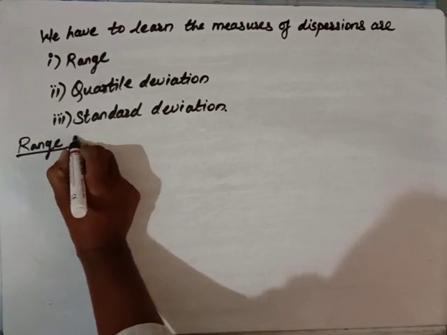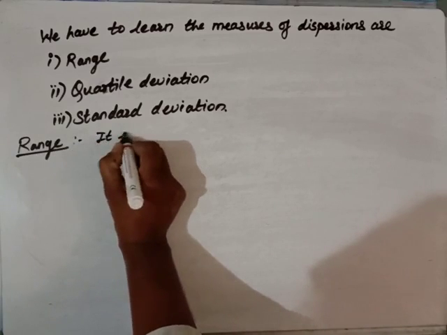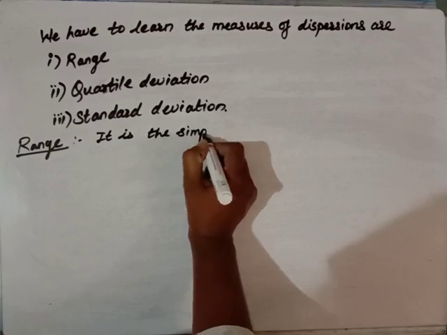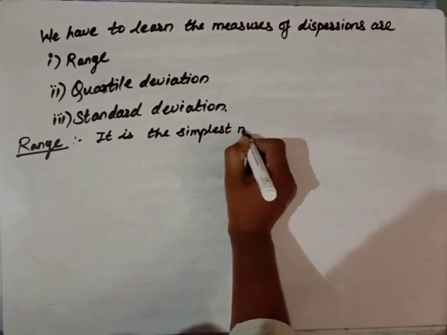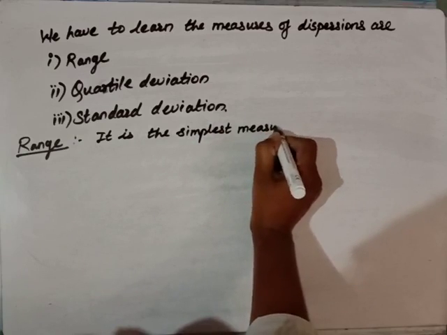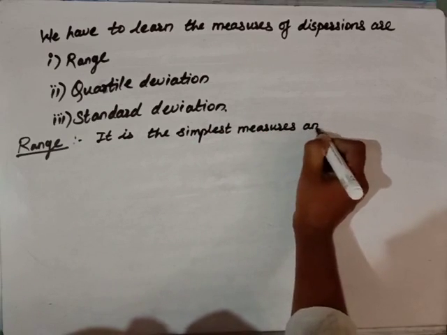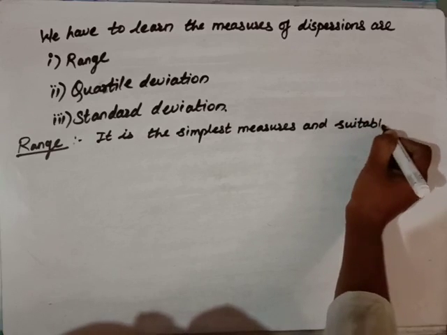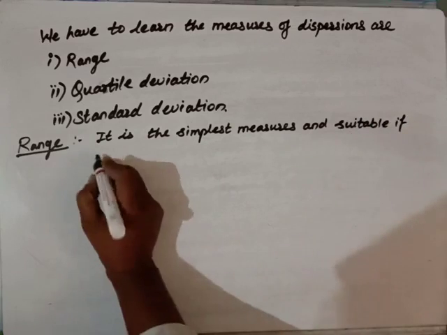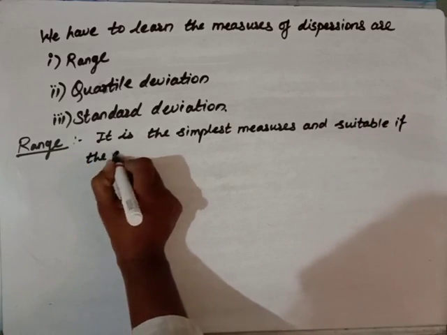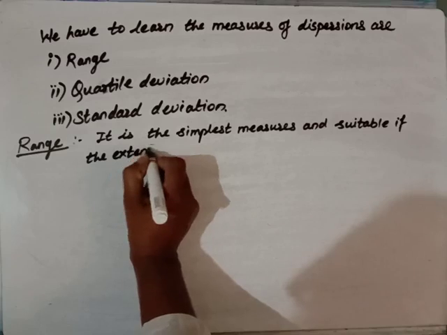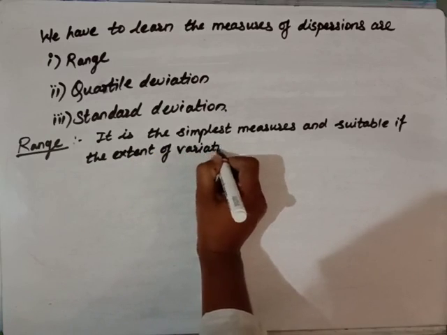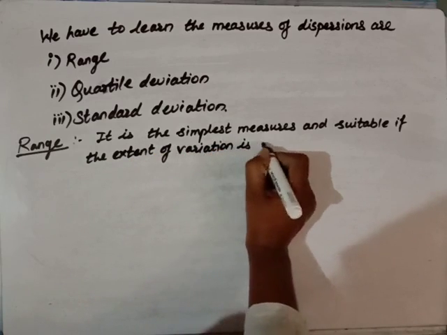Now, what is range? It is the simplest measure and suitable if the extent of variation in the observations is small.